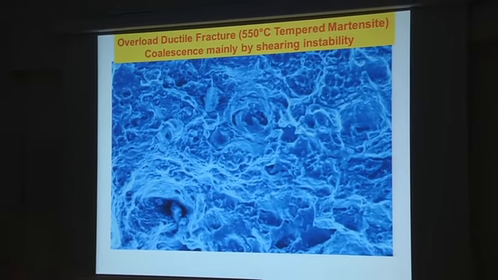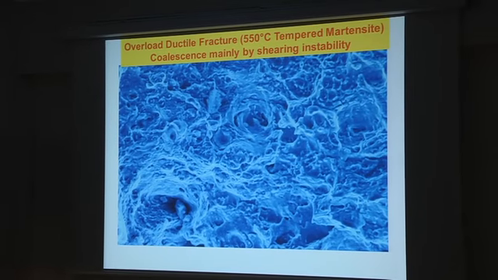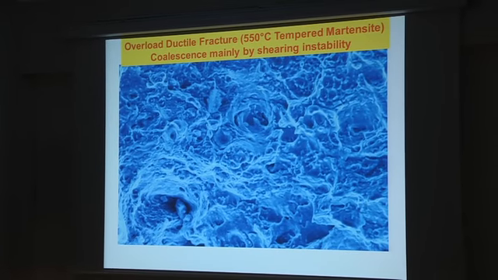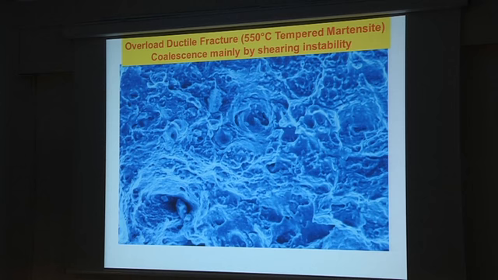How do we assess the fracture toughness of these materials? Well, these materials for sure are not on the brittle side, but on the ductile side we have to choose between 70 and 100, 110 megapascal square root of a meter.